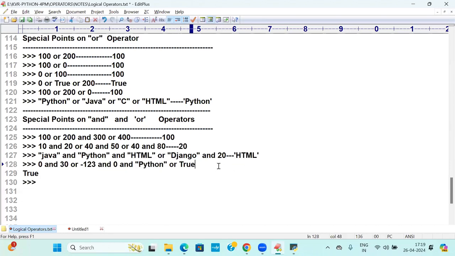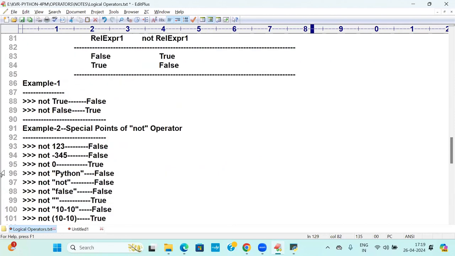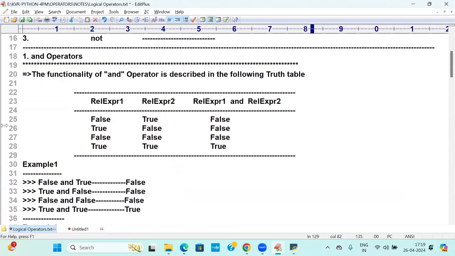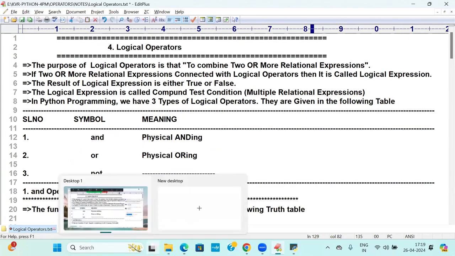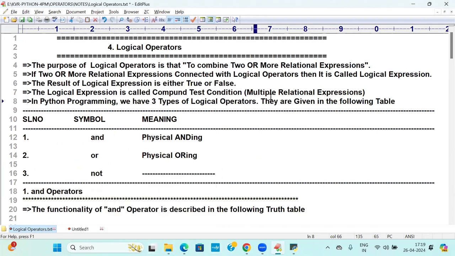So online students, I hope you got it. So here, this is about special points. Is it clear? These are logical operators. Understood? Did you understand? This much depth is there in logical operators. Did you expect it?